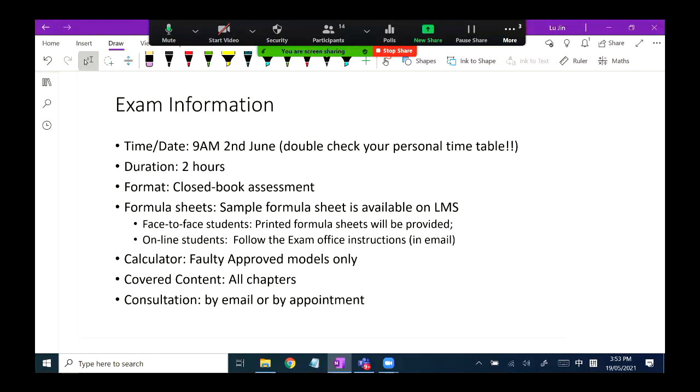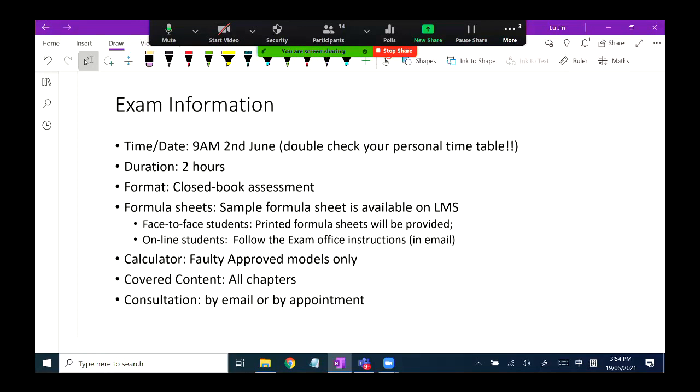But the good thing is, except last year with COVID-19, before that we always had the closed book exam. So this is fair, and I don't think this is really a big issue, but everyone please be reminded, in this unit we have a closed book exam, not open, okay?